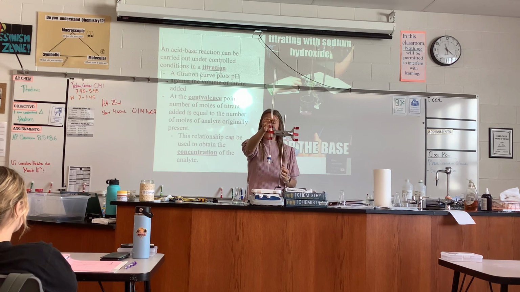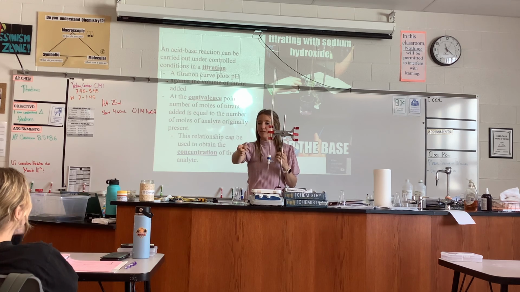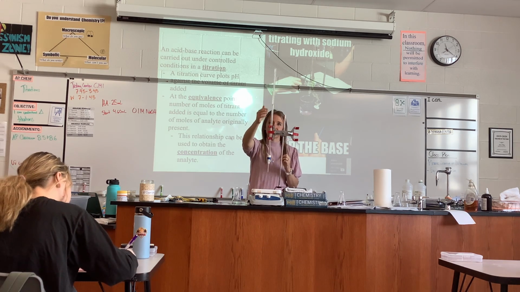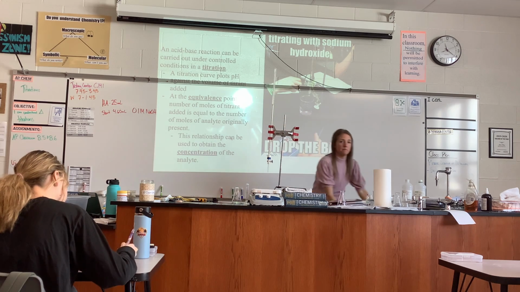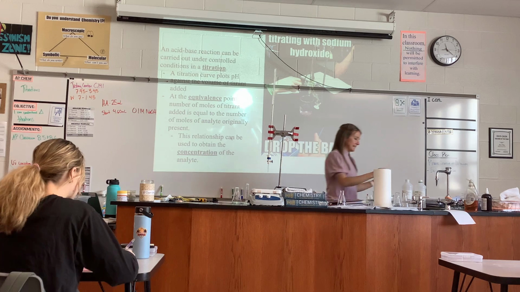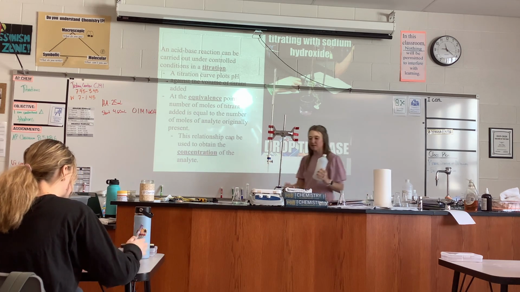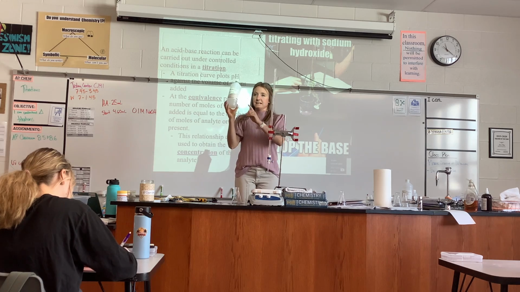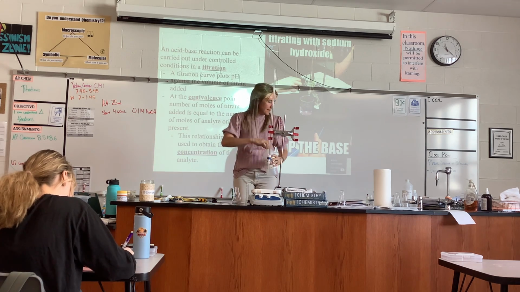The burette always holds your known substance. So if you want to label that on your picture, in the burette is where I put my known substance. For our titration today, we're going to titrate sodium hydroxide, which I know its concentration. It's a 0.1 molar solution.